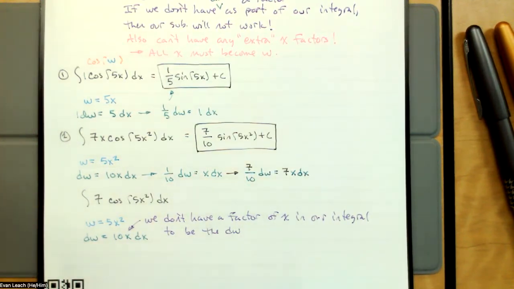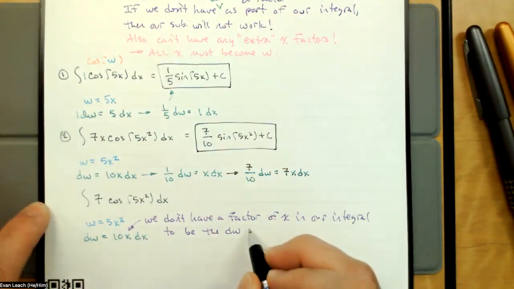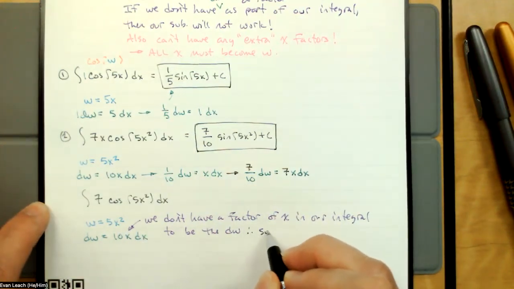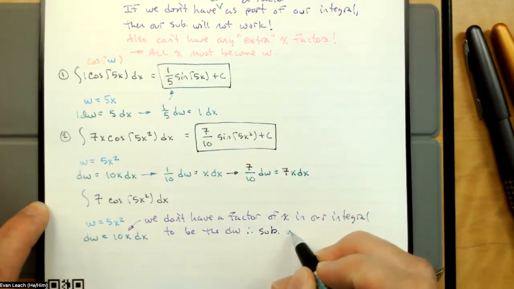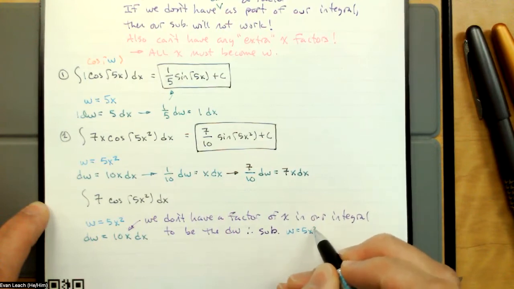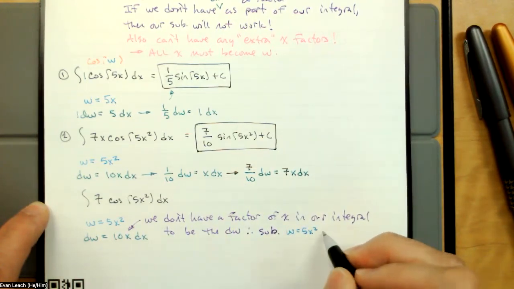We don't have a factor of x in our integral to be the dw. Therefore, this substitution will not work. The substitution that we want to make, w equals 5x squared, will not work.